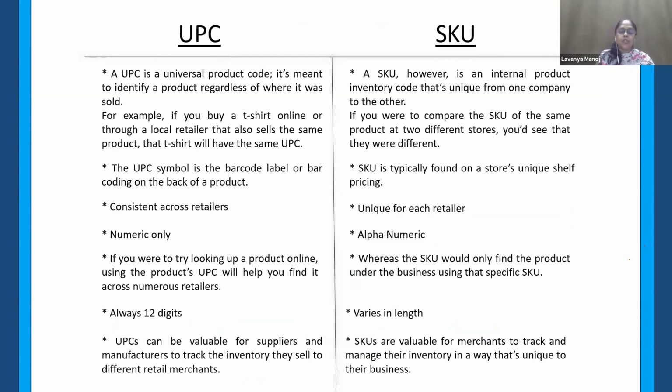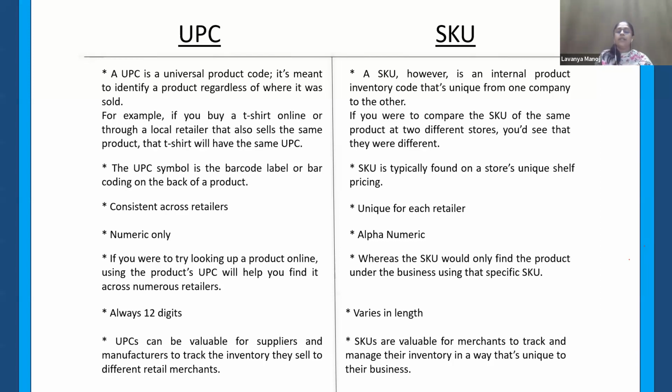Okay, now we are coming to the main difference between UPC and SKU. UPC, as we know, is Universal Product Code. UPC is to identify the product and who is the maker of the product wherever it is sold in the world, even if it is sold online, so you can easily identify the product.